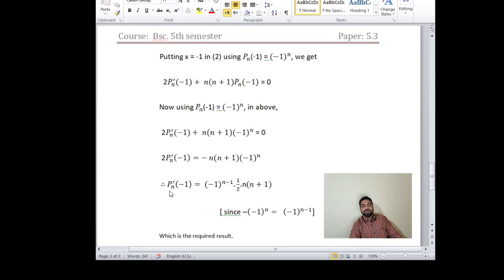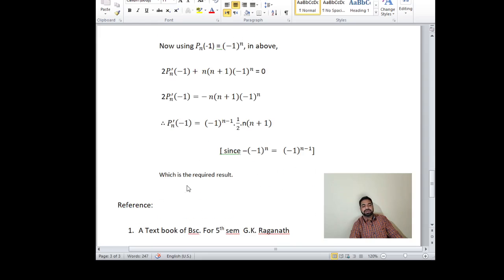Therefore P dash n of minus 1 is equal to, shifting to this side, 1 by 2 n into n plus 1 times this minus 1 raised to n, which simplifies to minus 1 raised to n minus 1, because minus times minus 1 raised to n is equal to minus 1 raised to n minus 1. So this is the third required result.